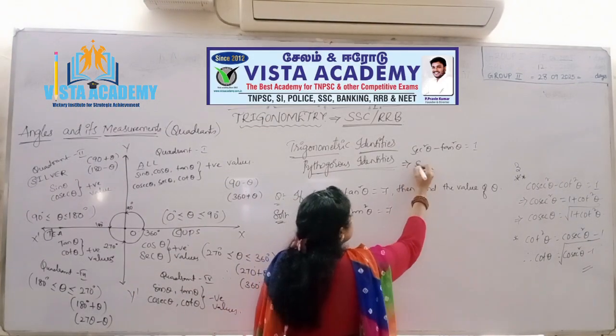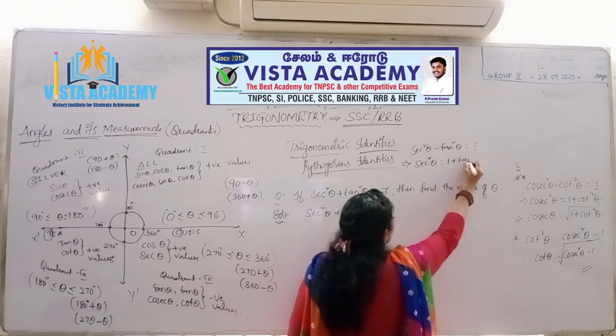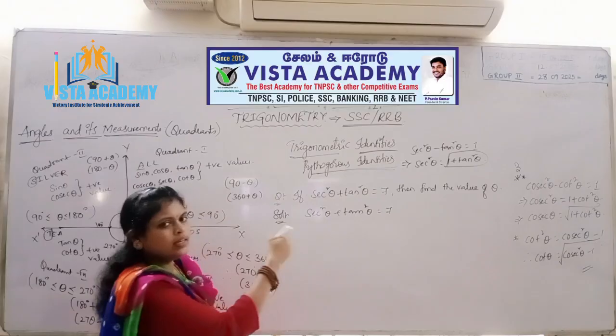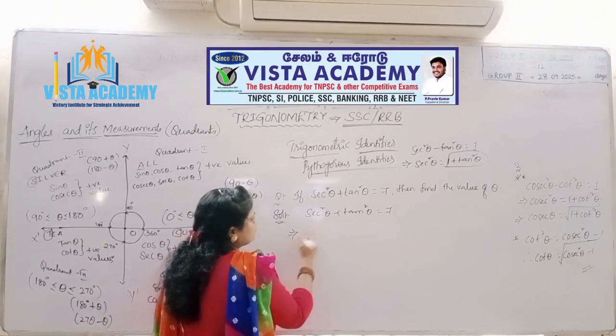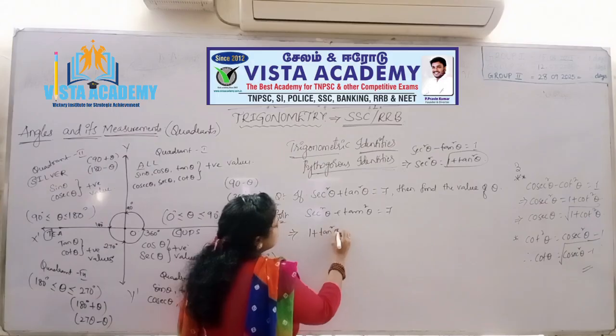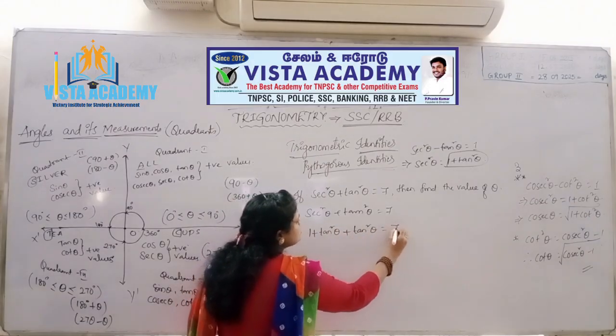Therefore, from this I can substitute secant square theta is equal to 1 plus tan square theta. Now I am substituting this value of secant square theta in this particular formula: 1 plus tan square theta plus tan square theta is equal to 7.